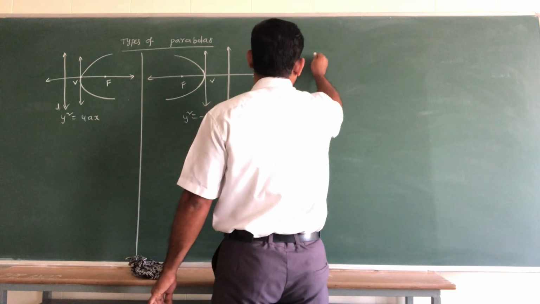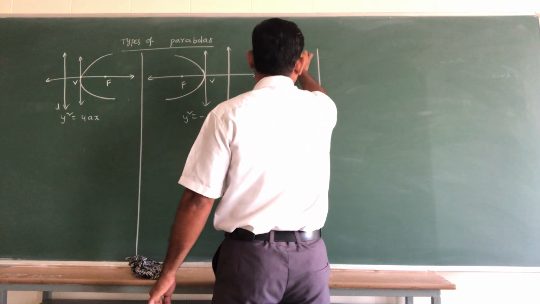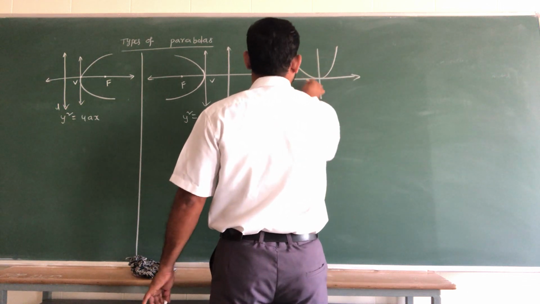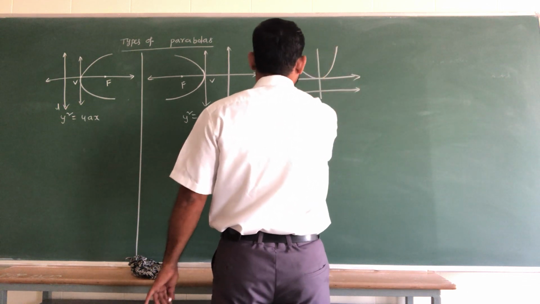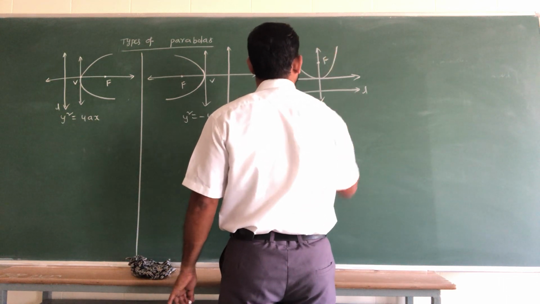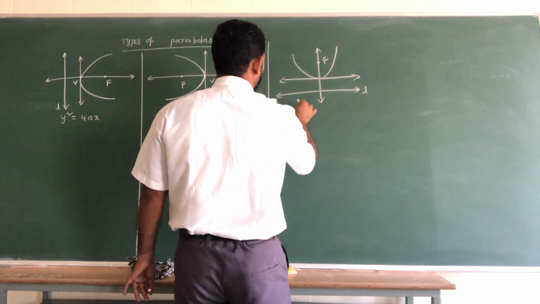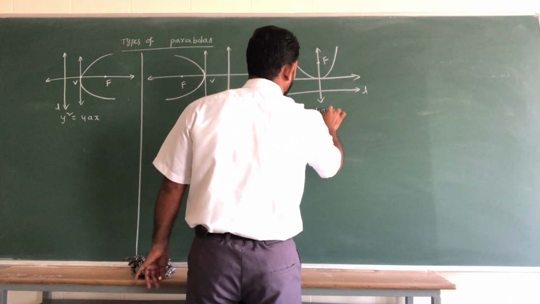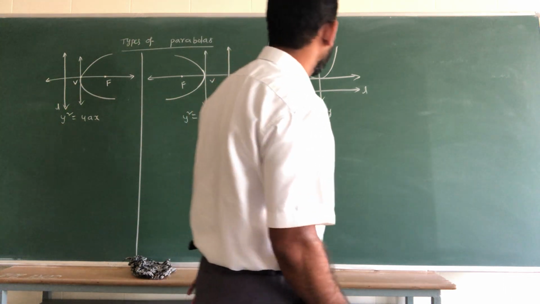Next one. This is L. This name is x square equal to 4ay. x square equal to 4ay.